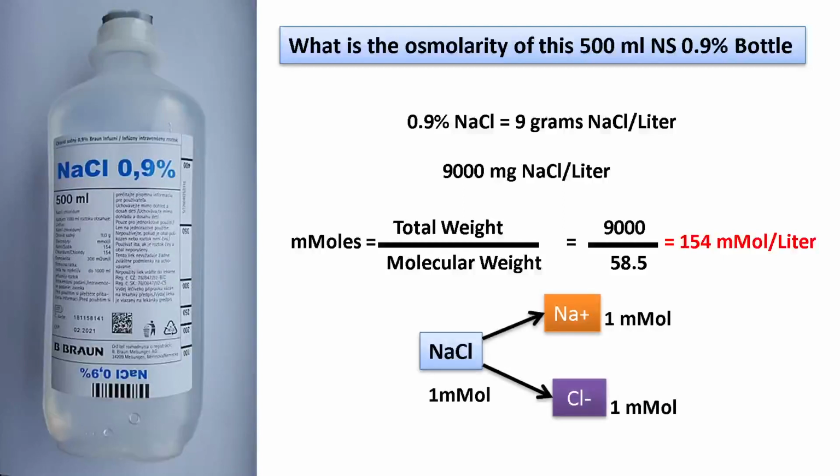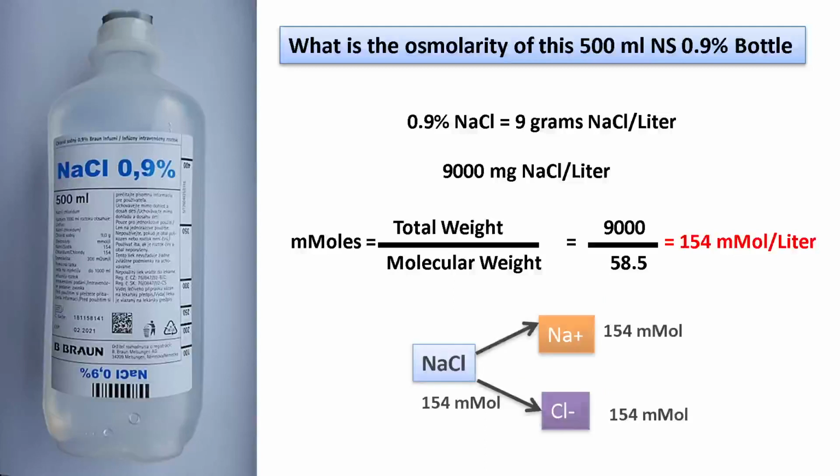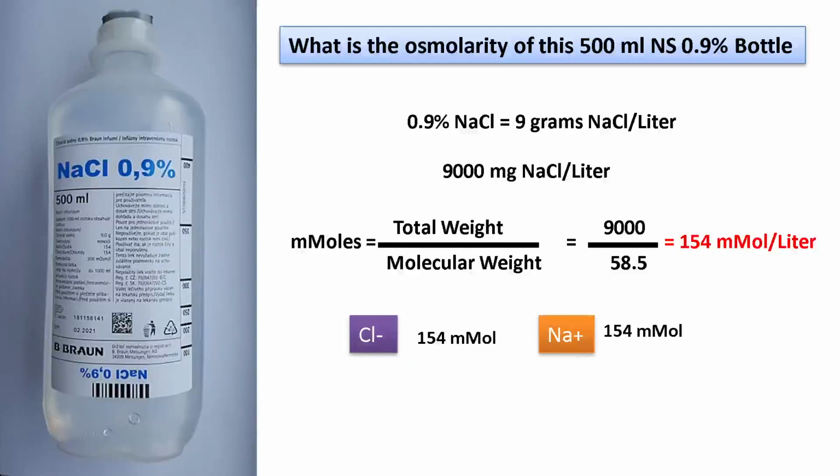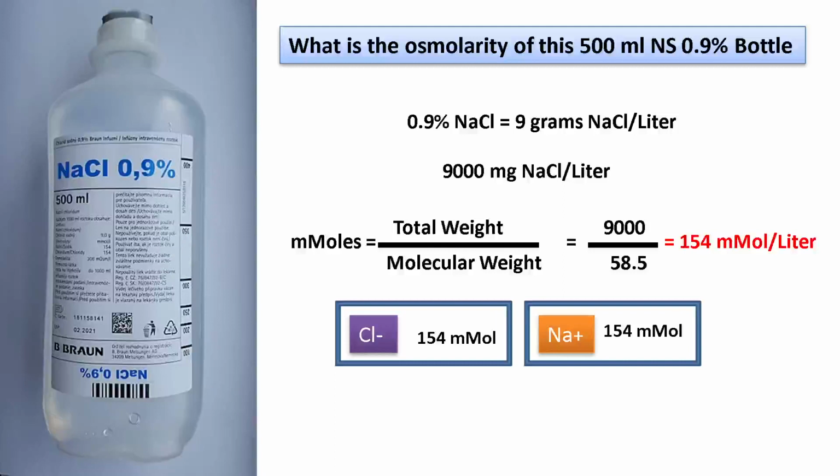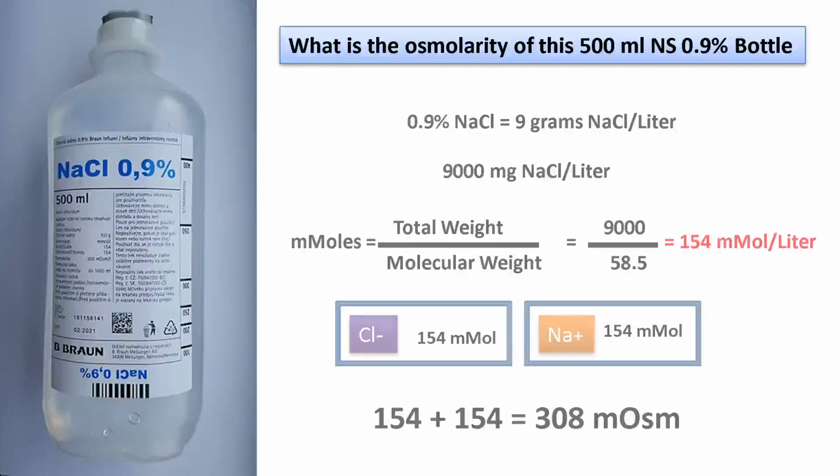We know that 1 millimole of sodium chloride will form 2 millimoles of its dissociated ions. So, 154 millimoles of sodium chloride will give 154 millimoles of sodium ions and 154 millimoles of chloride ions. They together will make 308 millimoles of particles.